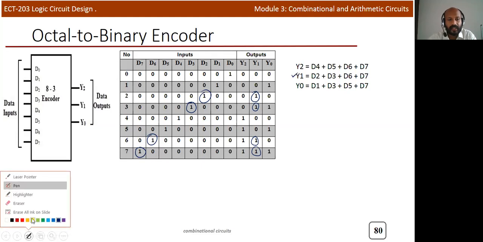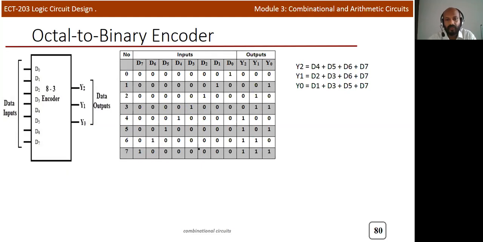Now we can design output line y0. y0 is equal to 1 again in four different cases: either D1 is equal to 1, D3 is equal to 1, D5 is equal to 1, or D7 is equal to 1. So we can write y0 is equal to D1 plus D3 plus D5 plus D7.